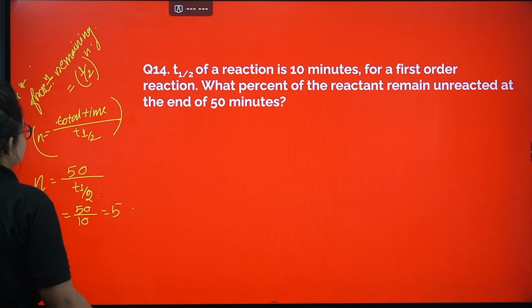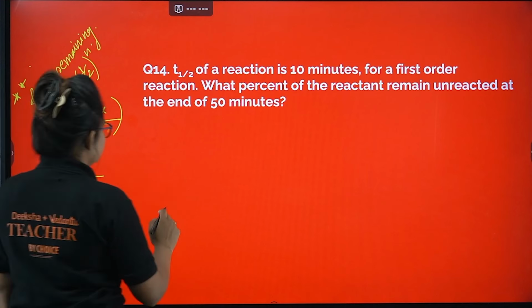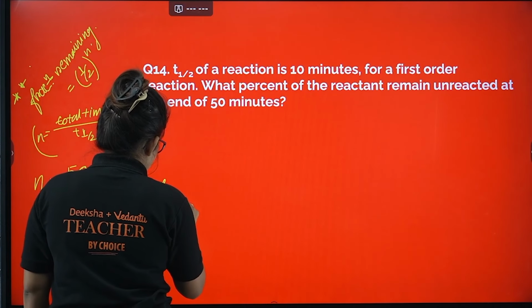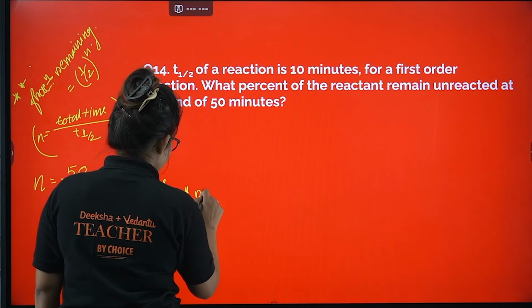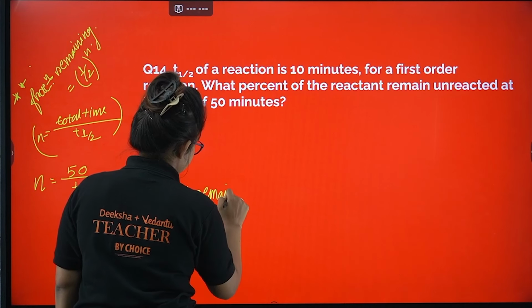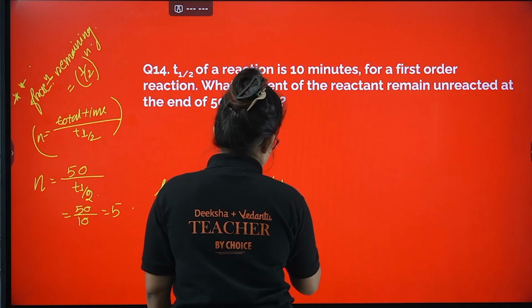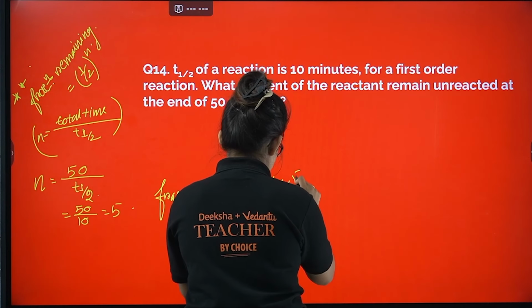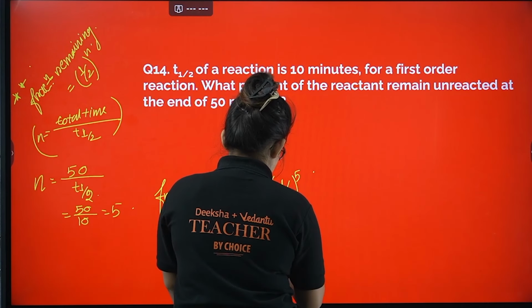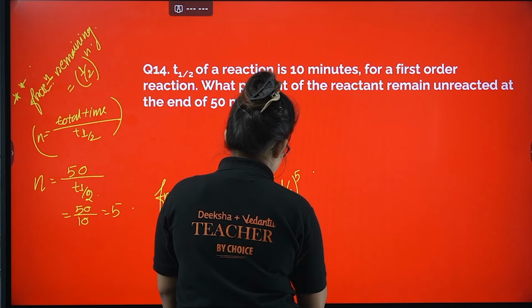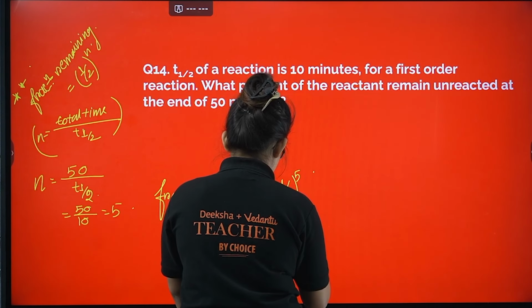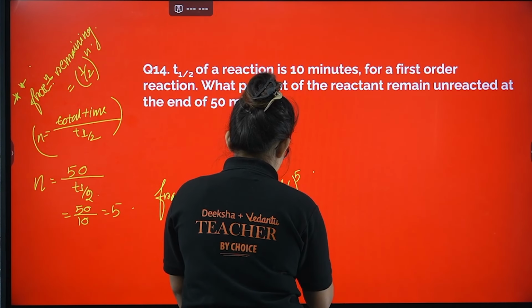Now the fraction of remaining molecules, fraction remaining you can calculate like this. It's basically half power 5, right? From there what you will get, 2 power 5 means 1 by 32, right? 1 by 32.